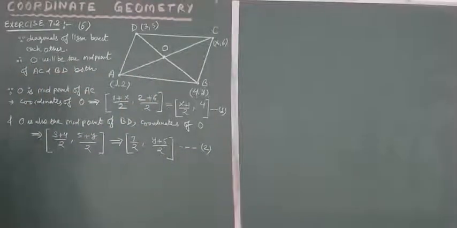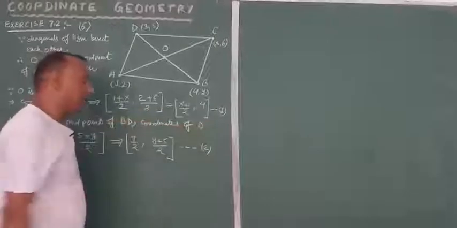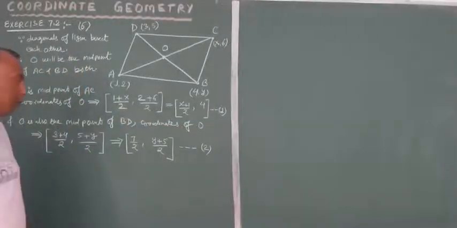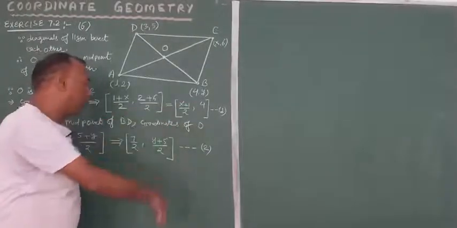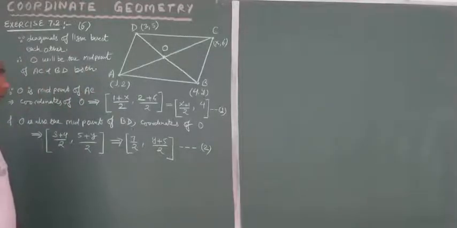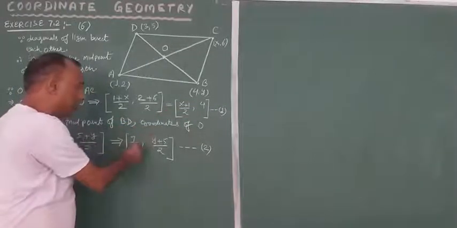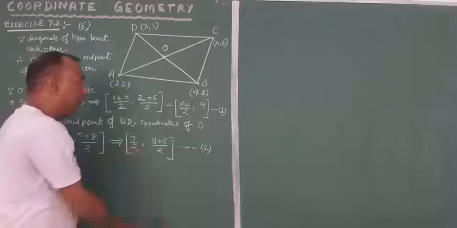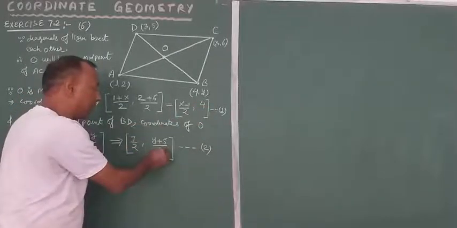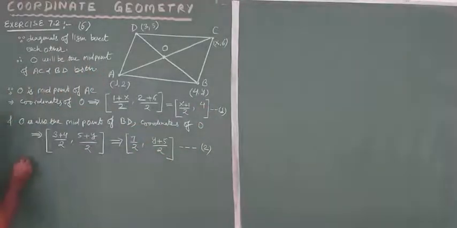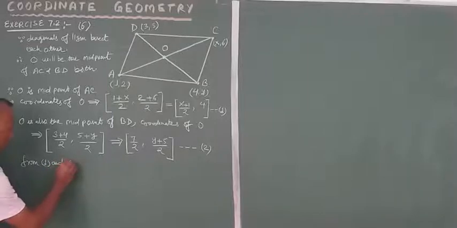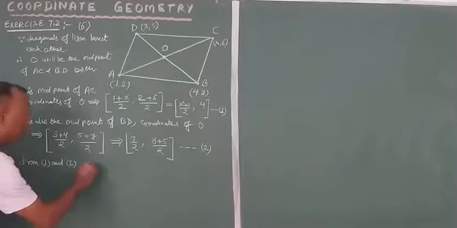Okay, both are the midpoints of O. This one, equation 1 as well as equation 2, दोनों क्या हैं? O के मिड पॉइंट हैं. Then what will happen? This abscissa will be equal to this abscissa and this ordinate will be equal to this ordinate. So from equation 1 and 2, abscissa will be equal to abscissa.